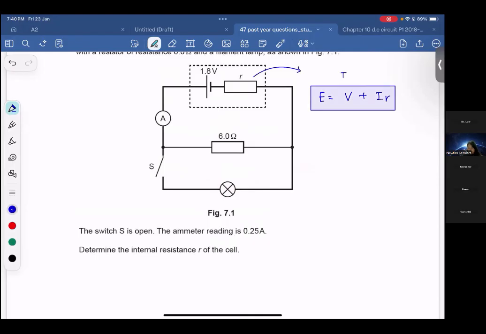Sometimes we put I times R. So here, 1.8 equals I times (R plus r), so 1.8 equals 0.25 times (6 plus unknown r). If you do it correctly, this will be 1.2 ohm.